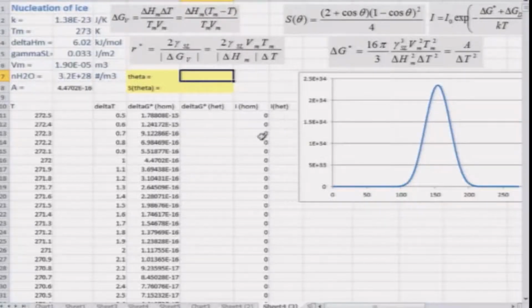Now, we want to compute the variation of the nucleation rate for the heterogeneous case, how it varies as a function of undercooling delta T. So, in order to calculate I hat, let us first calculate delta G star heterogeneous, which means I need to first get the shape factor for a given value of theta.